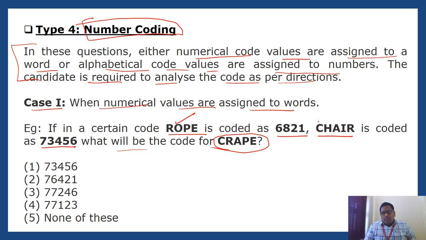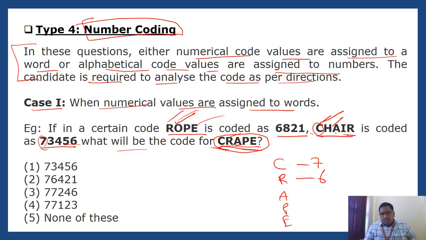First thing, we have to see the letters of the word crepe. Can it be formed using rope and chair? Obviously yes, because I have C here, R here, A here, P and E. Now see the respective numbers for it: C, R, A, P, E. C stands for 7. Next R. R means 6.